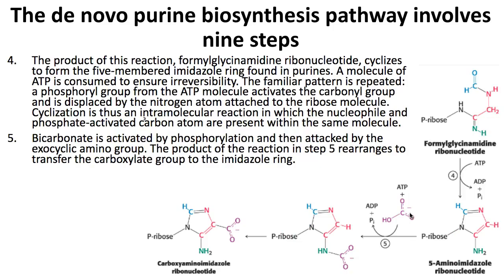And then it goes through this process again of having the phosphoryl group being attached to this carbonyl, but you can have this rearrangement to end up forming a ring structure because you have this nucleophile right here that ends up displacing the phosphate group that was attached here from the ATP hydrolysis.